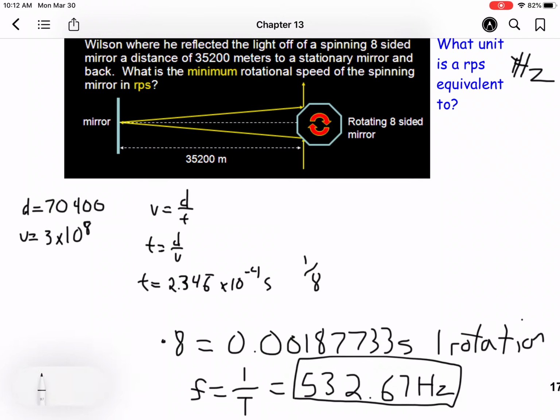Again, I'll review what I did here. I did the distance and the velocity. It didn't ask me for the velocity. It asked me to figure out the time. So I've got v equals d over t. Light doesn't accelerate or slow down, so we have t equals d over v. Divided those. I'm going to double check my number right now.